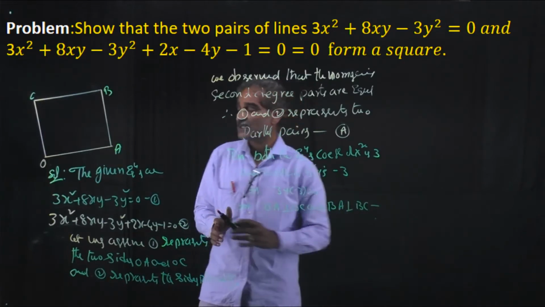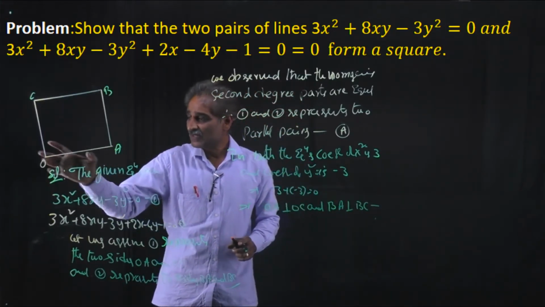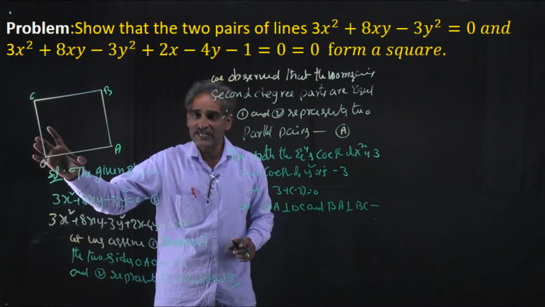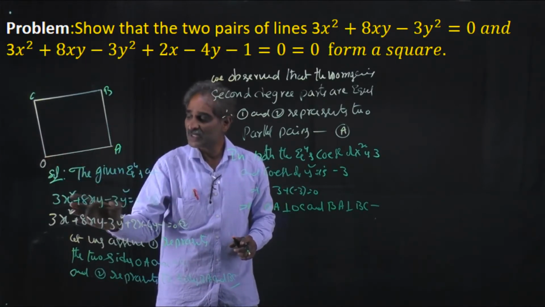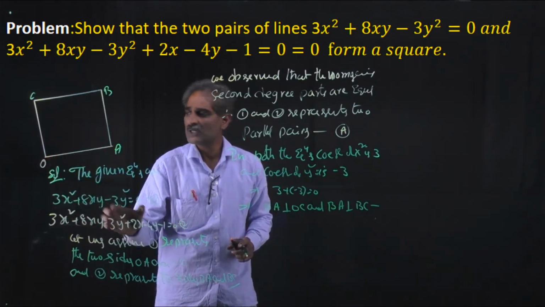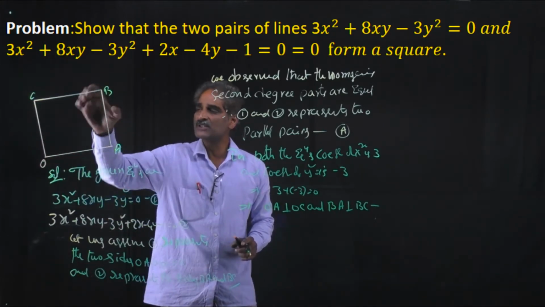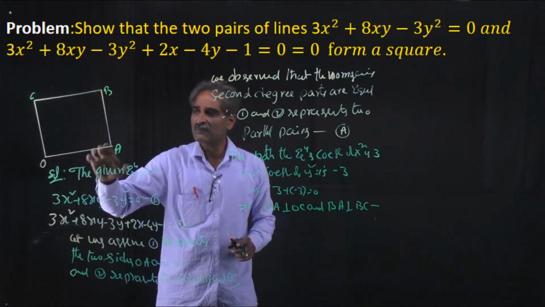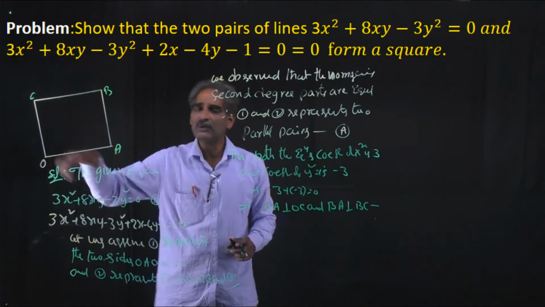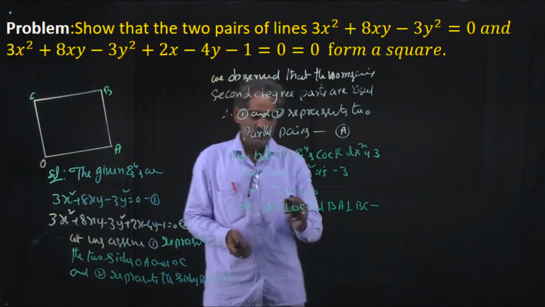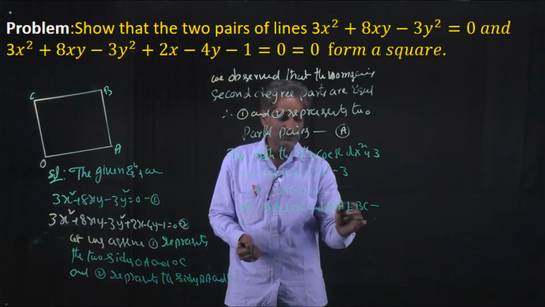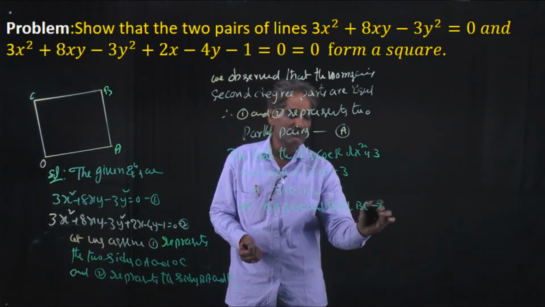So understand, this equation represents these two sides. This represents perpendiculars because the coefficient of x square plus coefficient of y square is 0. Therefore, the angle between OA and OC is 90. Similarly, the angle between these two sides is 90 and the opposite sides are parallel. That means the angle between any two adjacent sides is 90. So OA is perpendicular to OC and BA is perpendicular to BC.